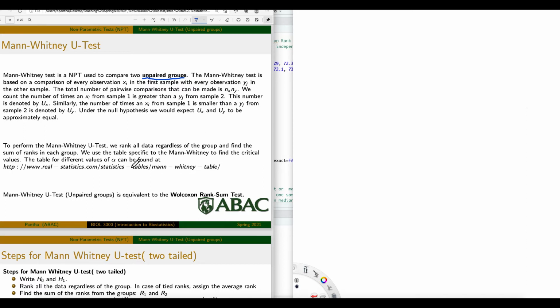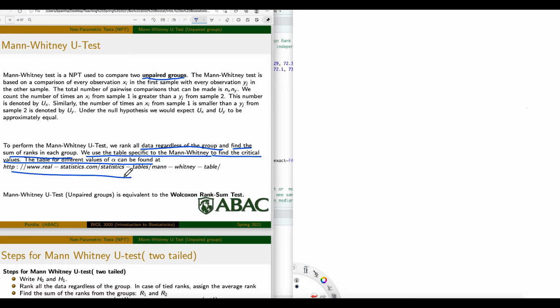To perform the Mann-Whitney U test, we rank all the data regardless of the group. So we mix the two data sets together and then rank. Then find the sum of the ranks in the first group and the sum of the ranks in the second group. We use the table specific to Mann-Whitney to find the critical values. The table for different values of alpha can be found on this website.